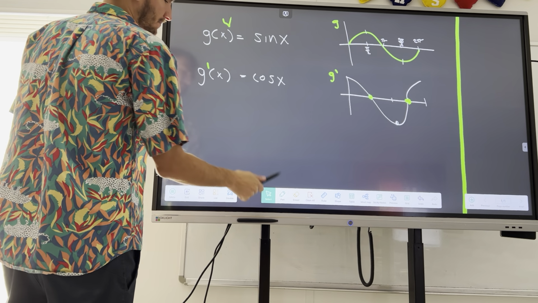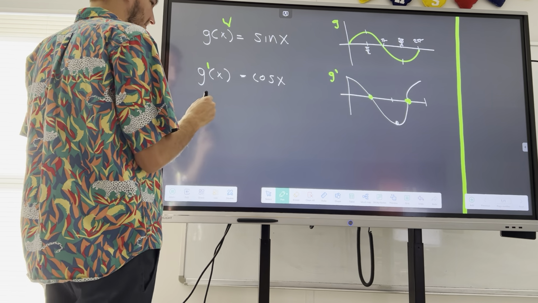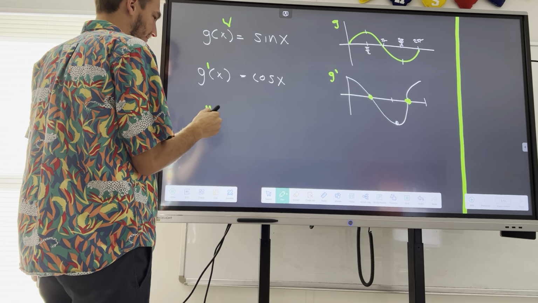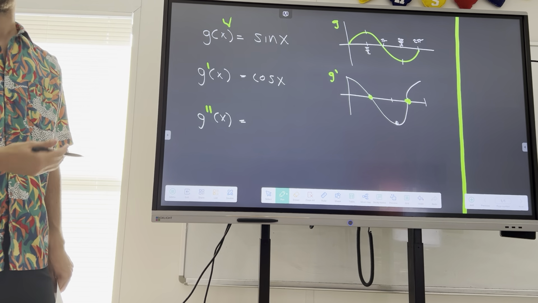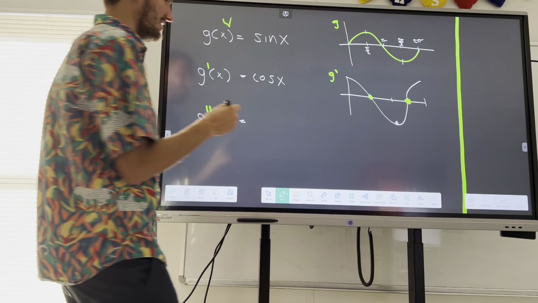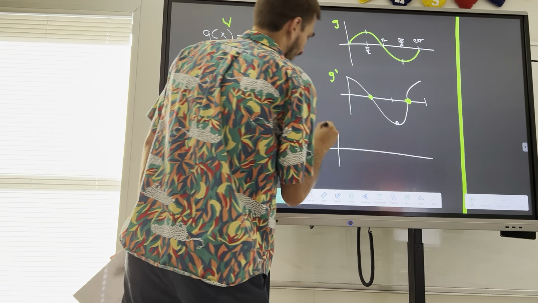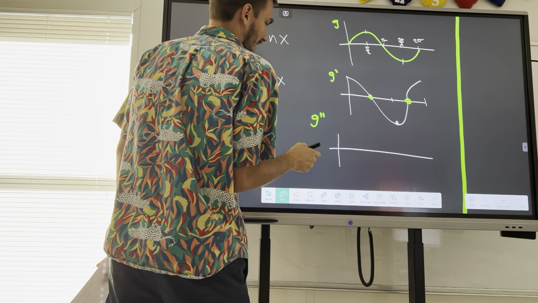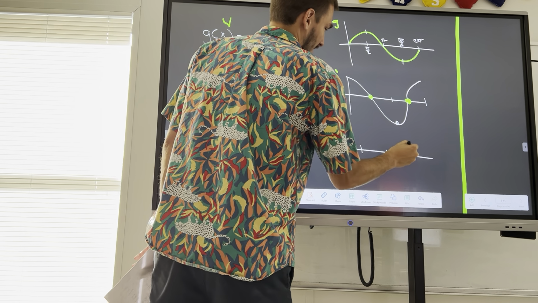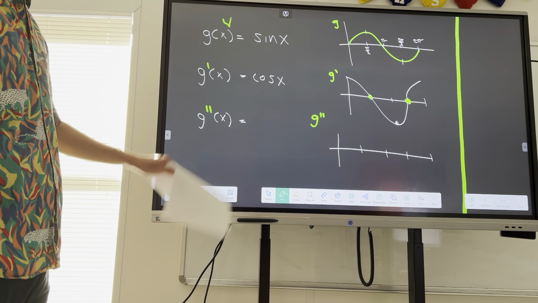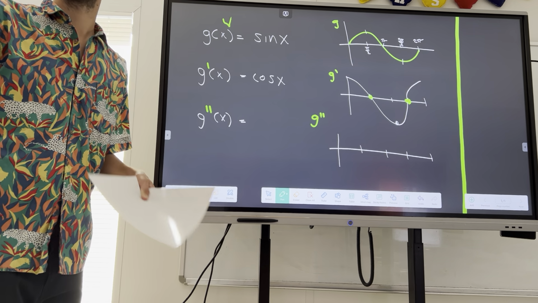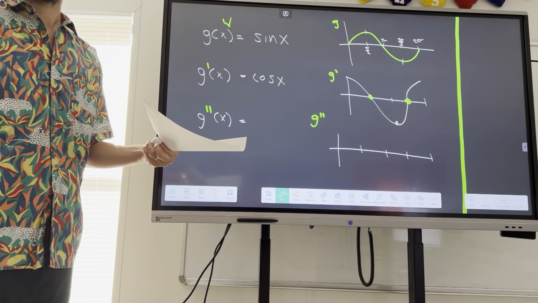Well, let's go for it again, because hopefully we'll take another derivative. We're going to be right back to sine. So let's see how it works. This can be G double prime, pi, 3/4 pi, 2 pi. Where does this graph have zeros?